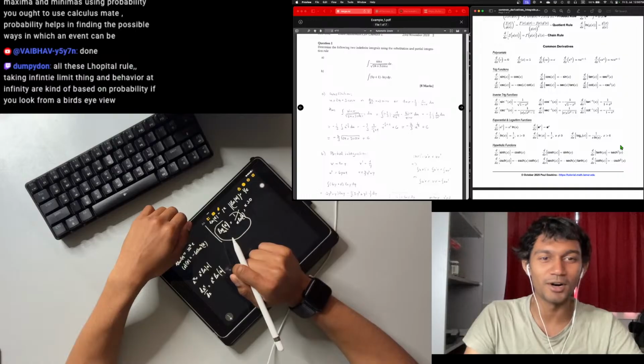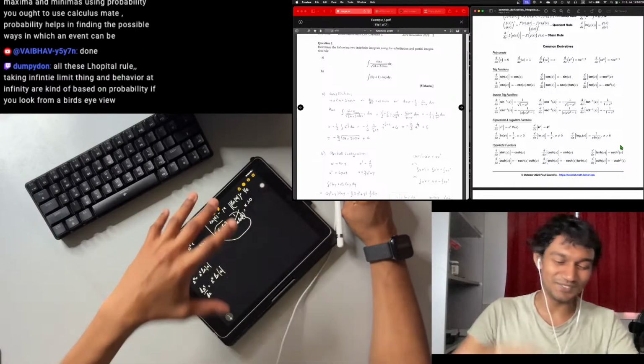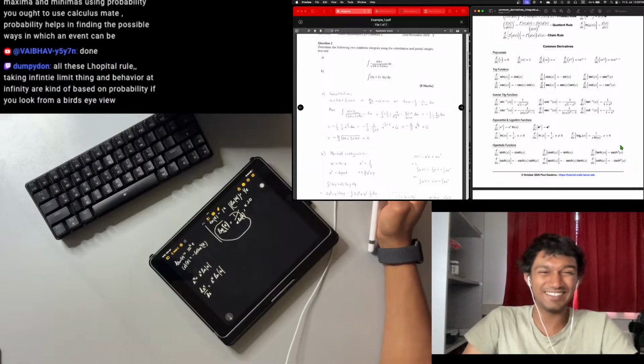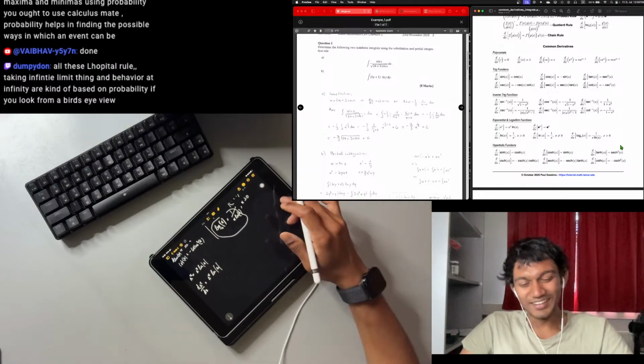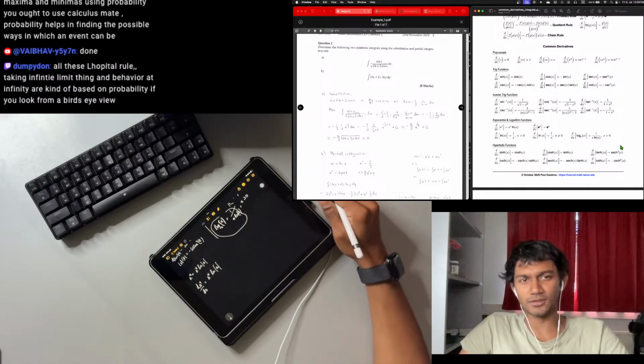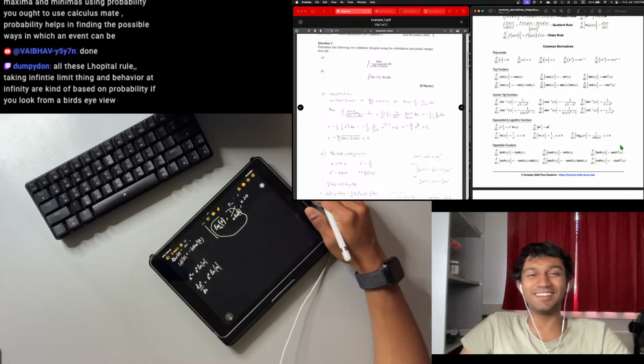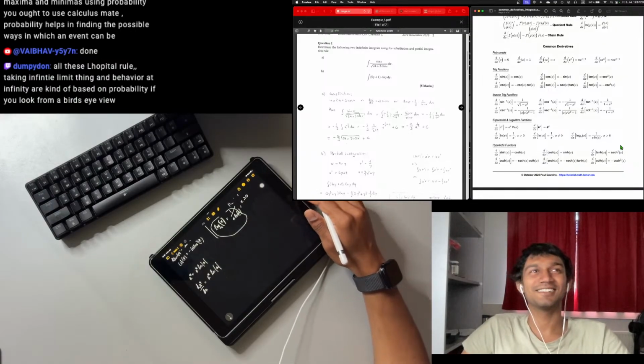If you look from a bird's eye view, oh damn, Dumb Python is looking from above. If you look from bird's eye view like I do, if you look from far away like I do, you see it's all L'Hopital's rule. Why, bro? You don't see it. You don't see like I see.